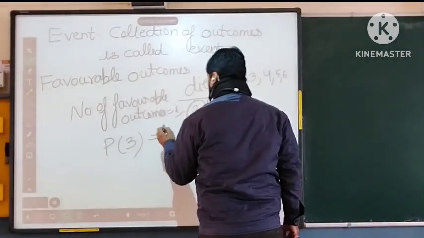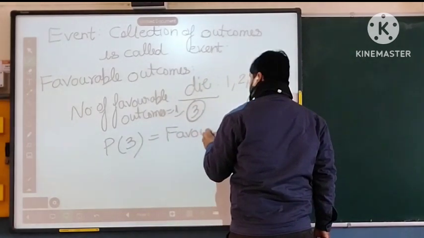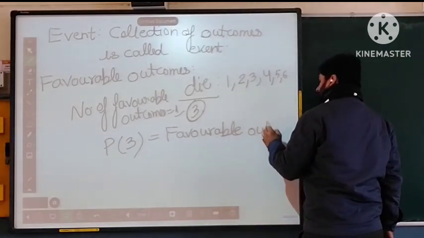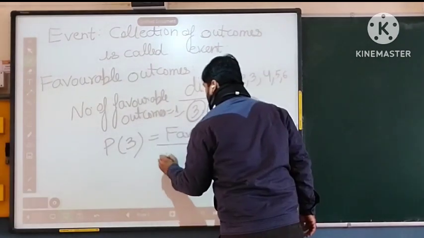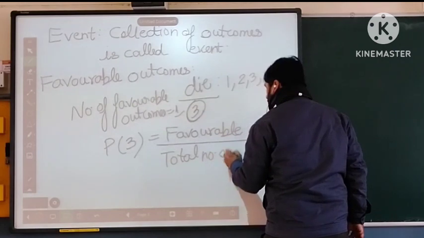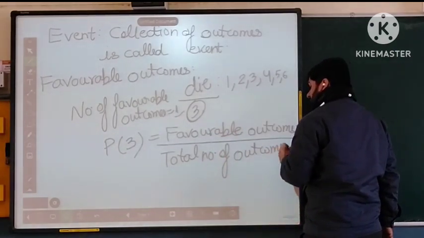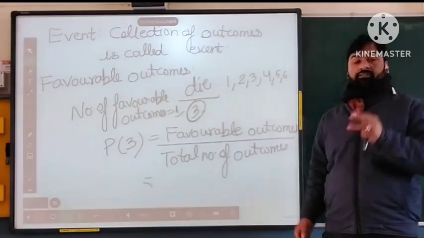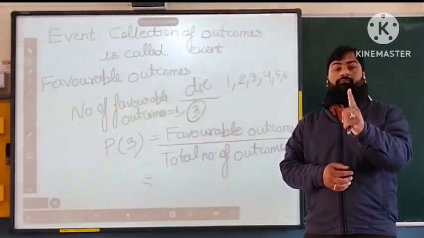It is equal to favorable outcomes upon total number of outcomes. If I want 3 as our result in a single throw of the die, getting 3 happens only one time.